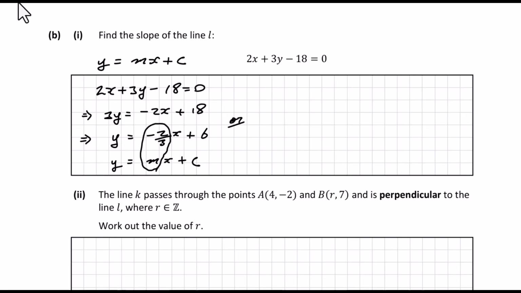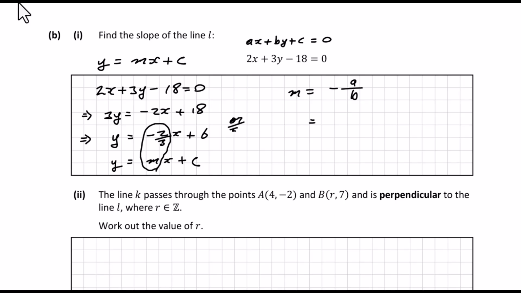Now another way of doing this, you may or may not have covered this, but this formula here is in the form ax + by + c = 0. So the way you can simply find the slope when it looks like that is do -a over b. So don't worry if you haven't covered this.